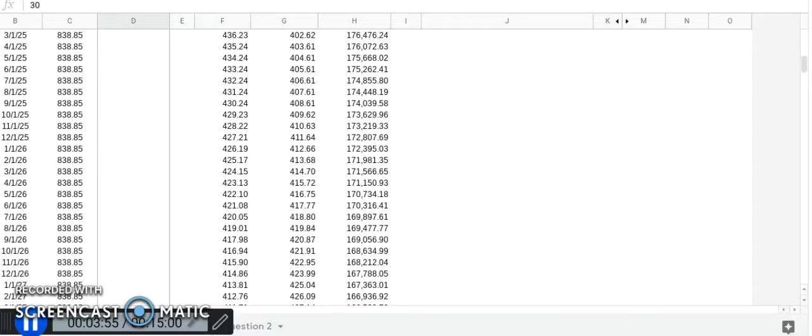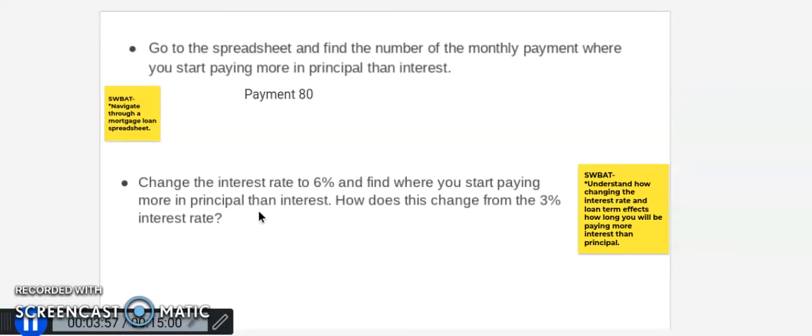So then for the next problem, I want you to go ahead and change the interest rate to 6%, and then go ahead and do the same. Alright, so we're going to switch over to our loan spreadsheet.